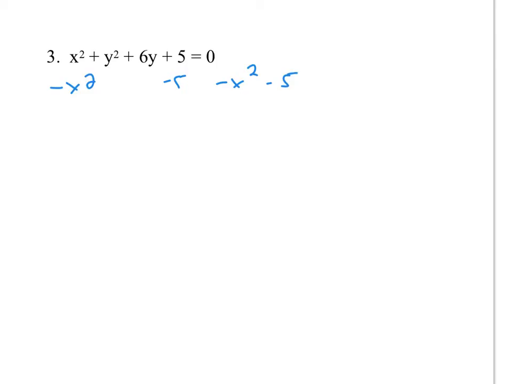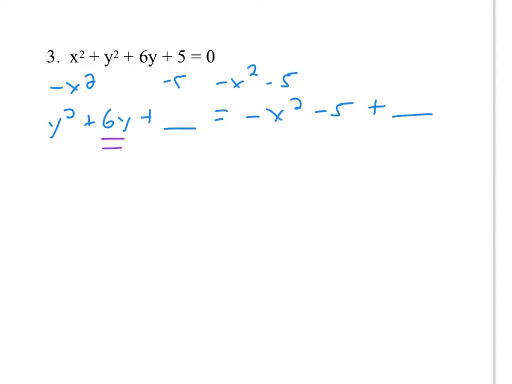So it looks like I'm going to have y squared plus 6y plus blank. Ooh, yeah, we're going to complete the square, equal to negative x squared minus 5 plus blank. I'm going to complete the square now. Half of 6, take my b term, cut it in half, so I get 3.